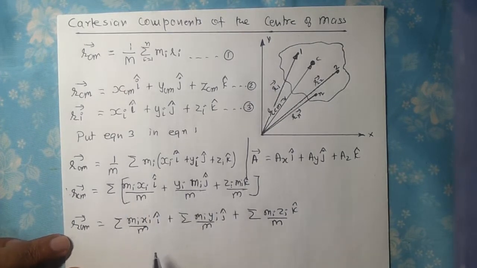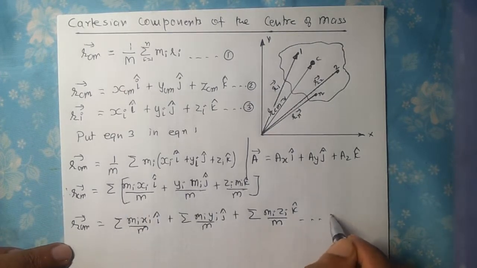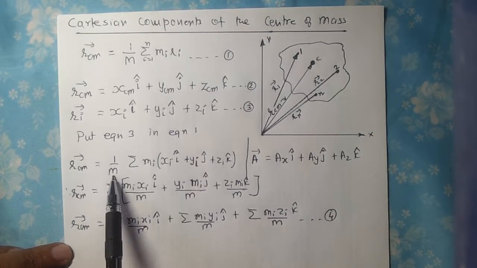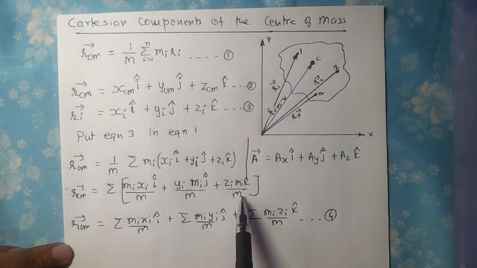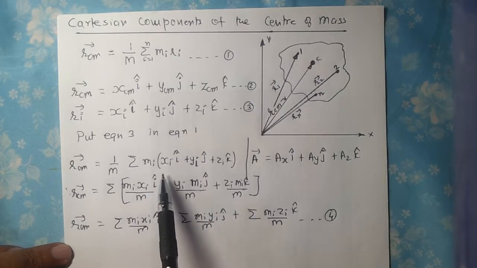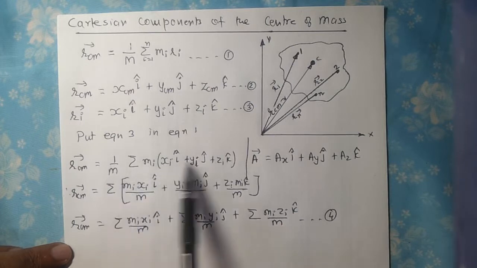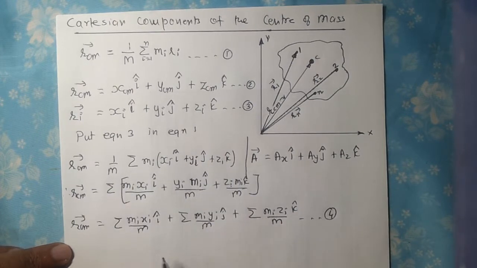Basically opening up this bracket. So let us call this equation number 4, right? I hope you got this. The 1 upon M I have taken out for all the terms, and we have multiplied mi with this bracket. So I get this equation 4.